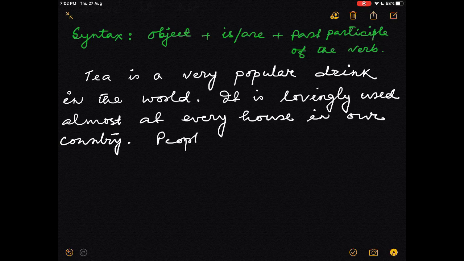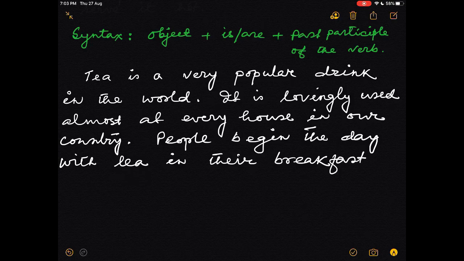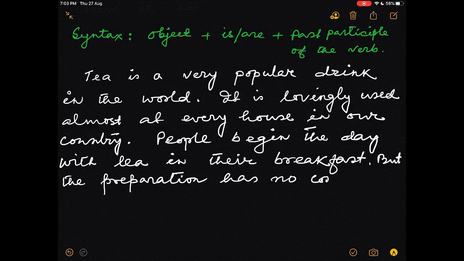People begin the day with tea in their breakfast. But the preparation has no complexity.